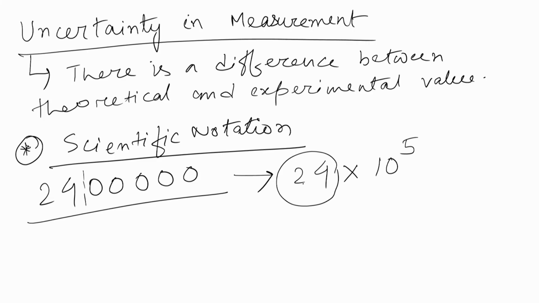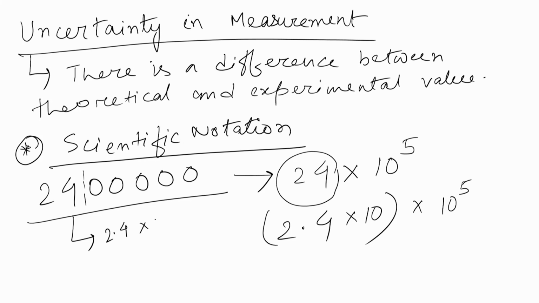We will take 1 digit. So, if we are taking a single digit before the decimal, then 24 is equal to 2.4 into 10, into 10 to the power 5 was there. So, we can write this number as 2.4 into 10 to the power 6. This is the scientific notation of this number.